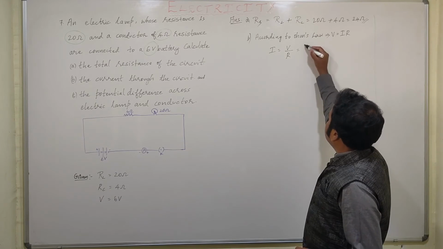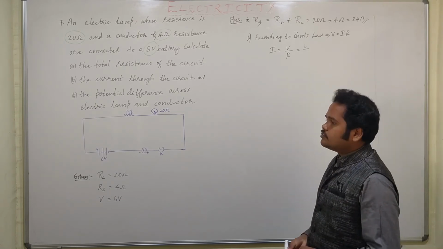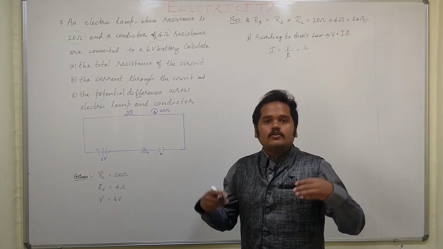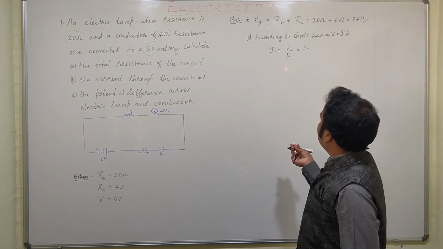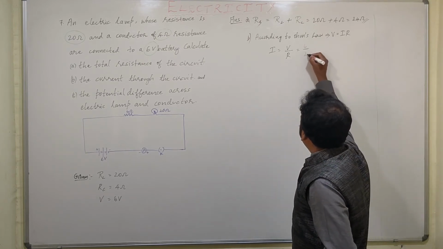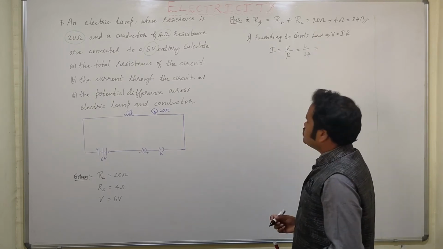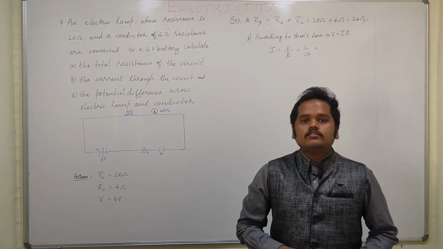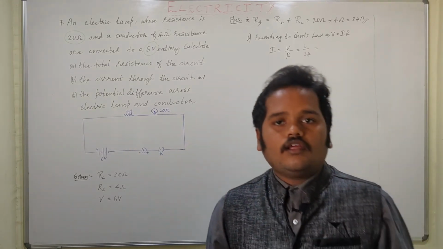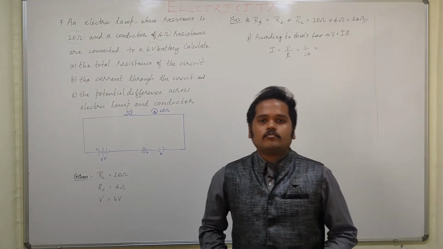Substitute 6. So we are finding out the total resistance, right? So R, the total resistance, is 24 ohm. So 6 divided by 24. This division part we have to do in a different column, right?